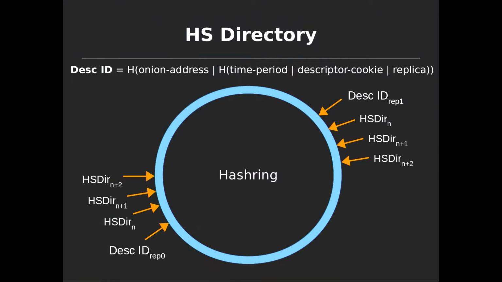So the way that we actually generate the predictable set of which relays there are is this hash function up in the top. So you look at the Onion address, you look at what day it is, the time period, and other things that are pretty static. So that's how both sides can compute which relays they should go to when they're publishing or fetching a descriptor.